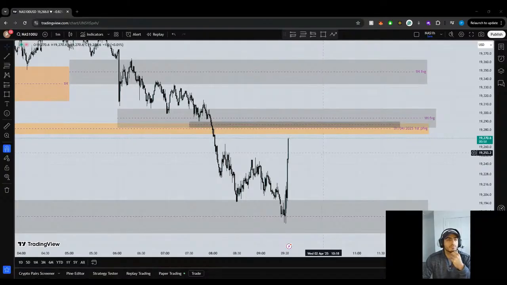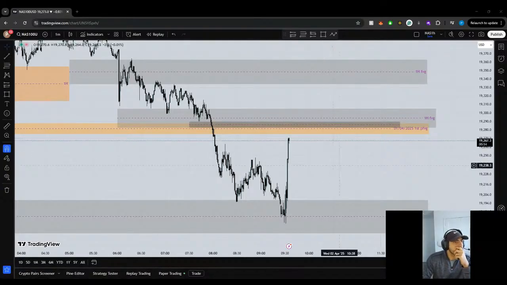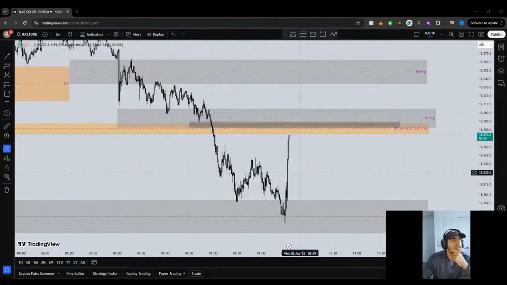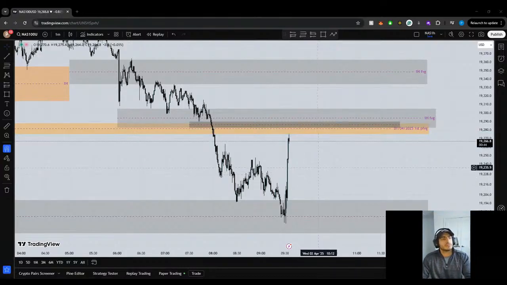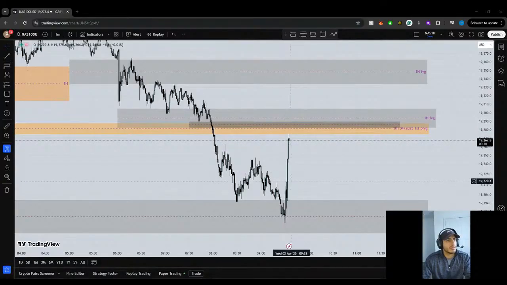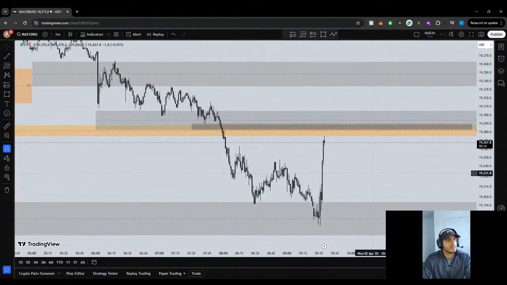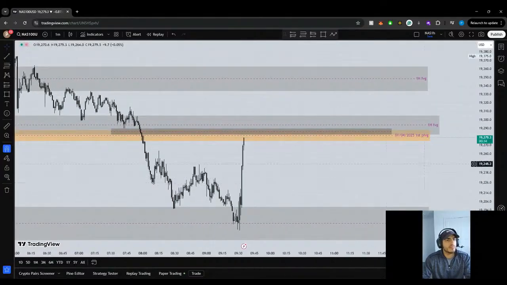It's a pretty good push, leaving a lot of unmatched price action below. So let's see. Currently bouncing off of yesterday's first presented fair value gap.